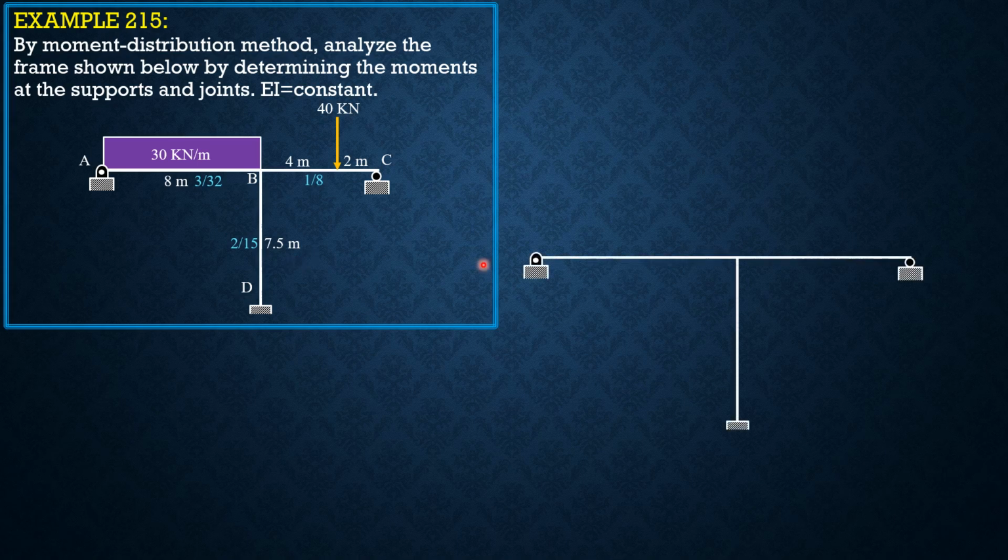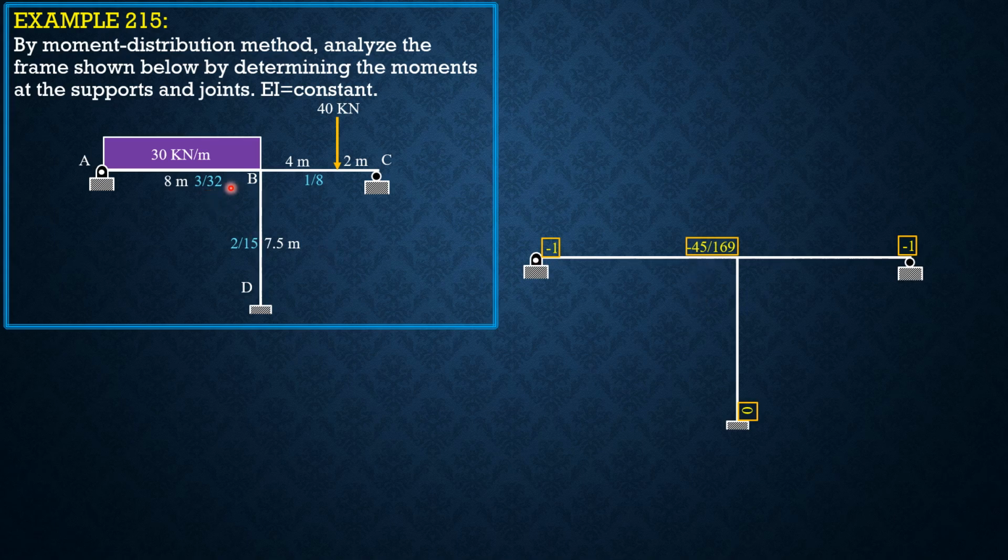We now have the tabulation. So the distribution factor for A is -1. For this roller support, -1. And for this fixed end, 0 distribution factor. Now for this joint, BA, 3 over 32 divided by 3 over 32 plus 1 over 8 plus 2 over 15. That's -45 over 169.